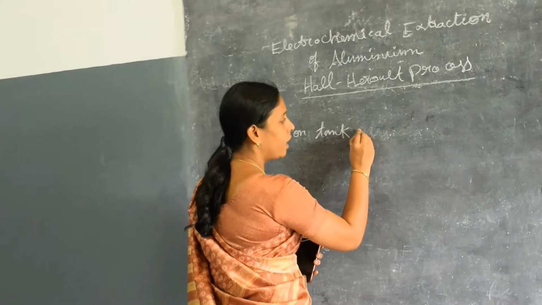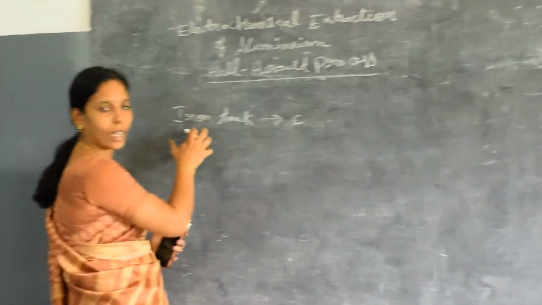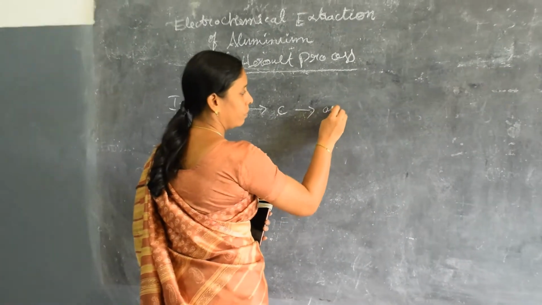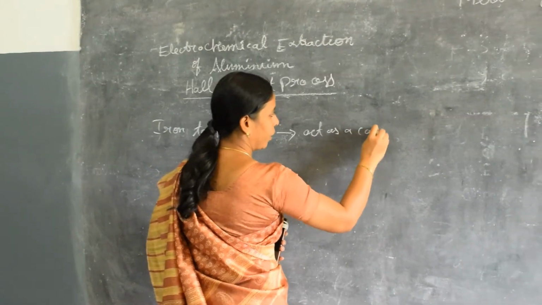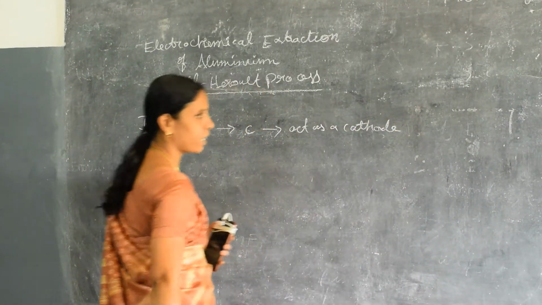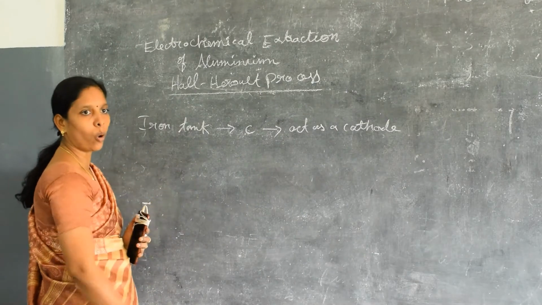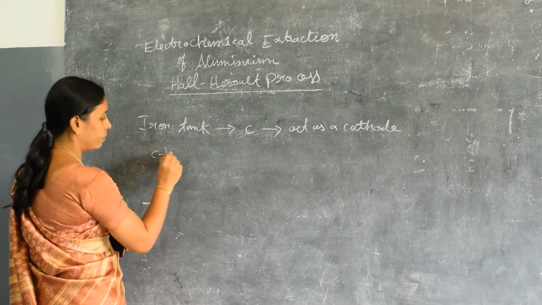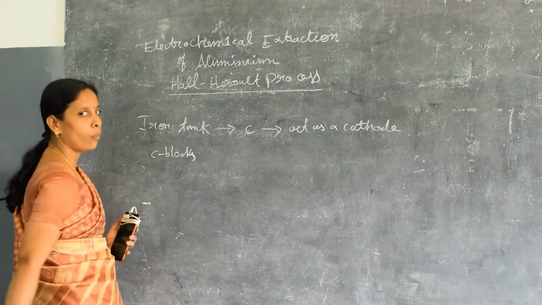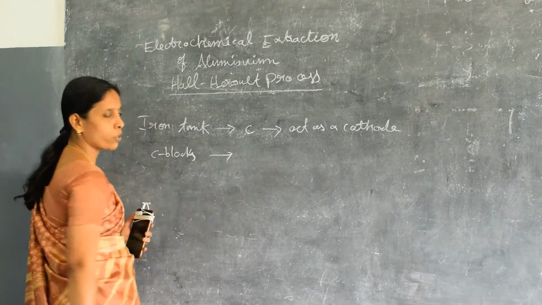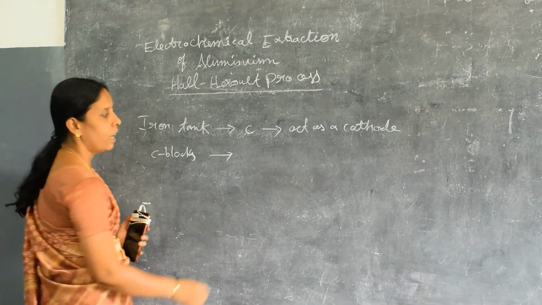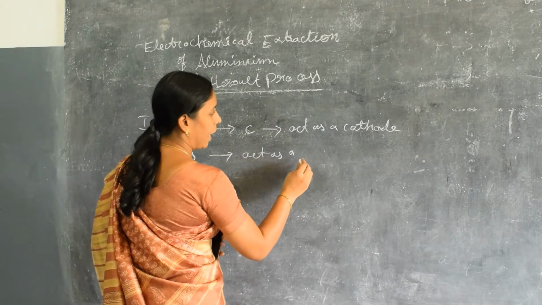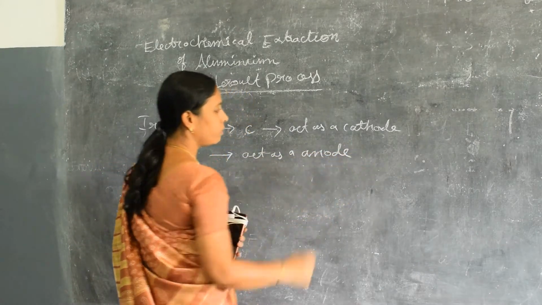This iron tank is lined with carbon, and this carbon acts as the cathode. Also, carbon blocks are immersed in the electrolytic solution, and these carbon blocks act as the anode.